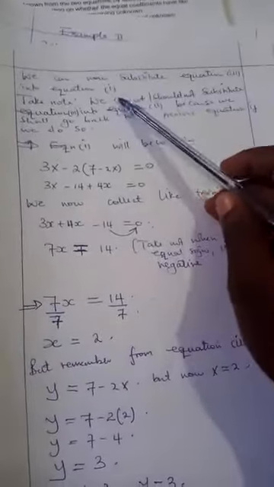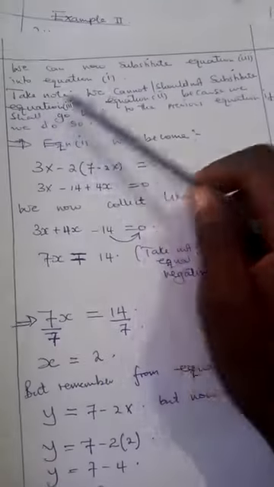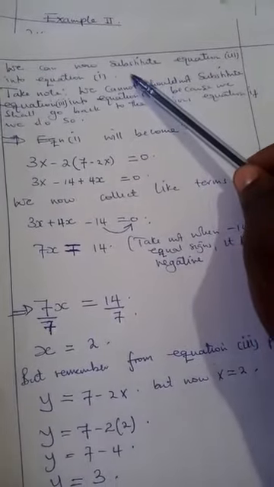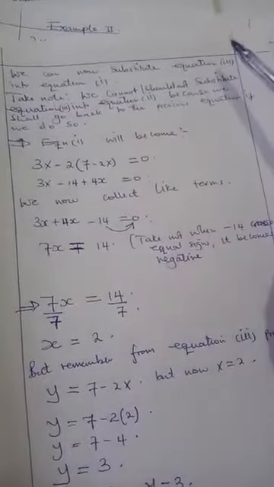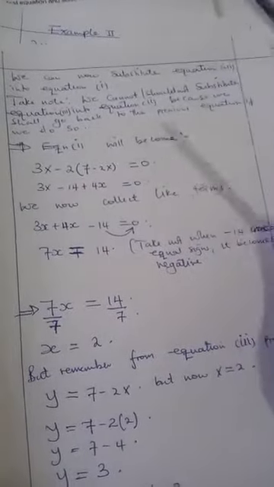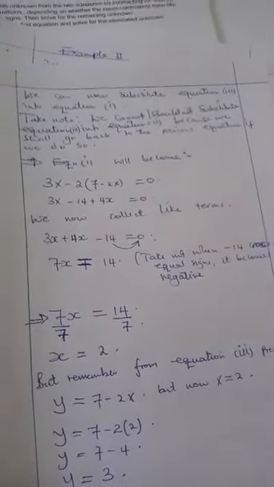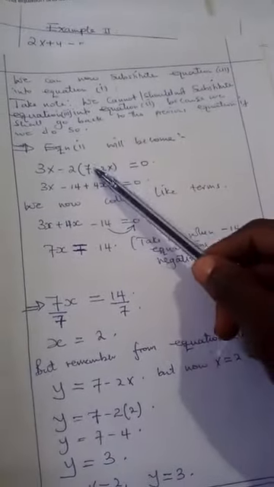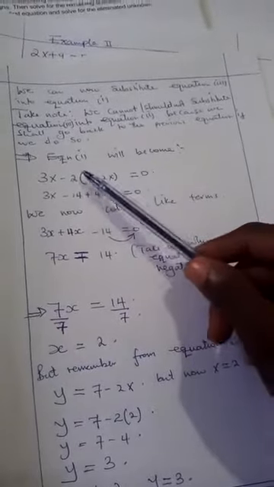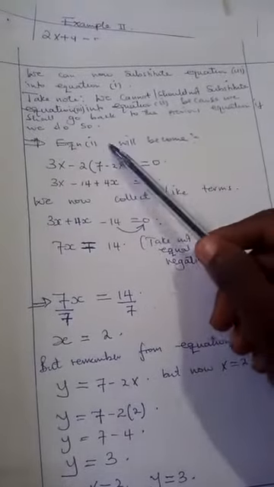There's another guiding statement here: we can now substitute equation 3 into equation 1. Remember, our equation 3 is now y equals 7 minus 2x. So we are saying we can substitute equation 3 into equation 1. Remember, our equation 1 is there. Take note, we cannot or should not substitute equation 3 into equation 2, because we shall go back to the previous equation if we do so.